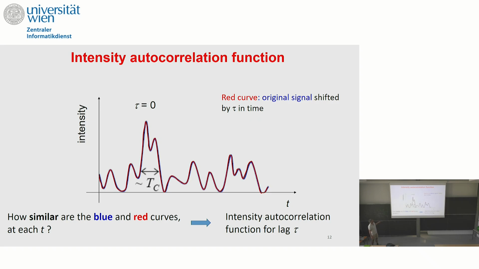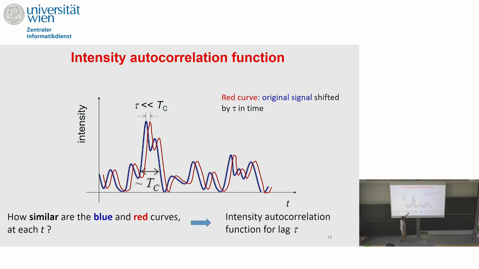What is the idea? Well, you take your time-varying intensity signal measured by, for example, your avalanche photodiode or one single pixel of your CMOS detector, and then you ask the question, let's say that I shift in time my original signal. So the blue is the original signal, and the red is just a replica of the blue signal, but shifted by a teeny tiny amount tau. Now I ask the following question. How similar are at each time step the red and the blue curves?